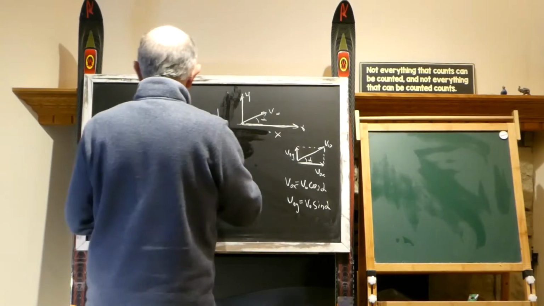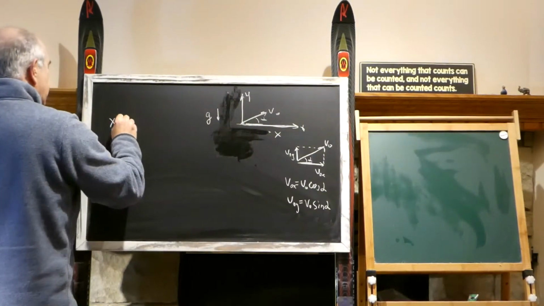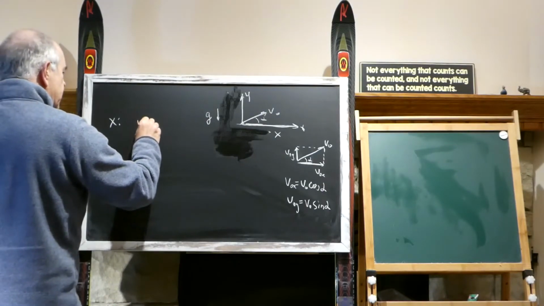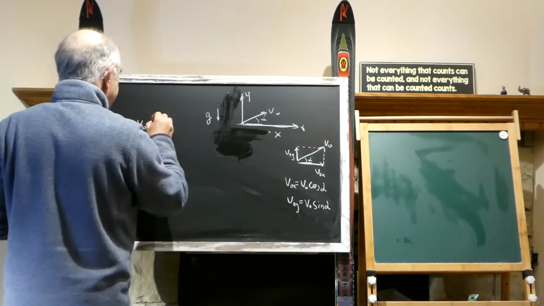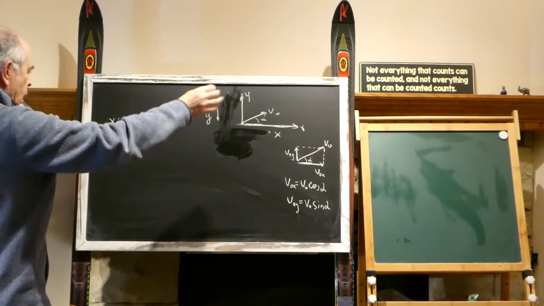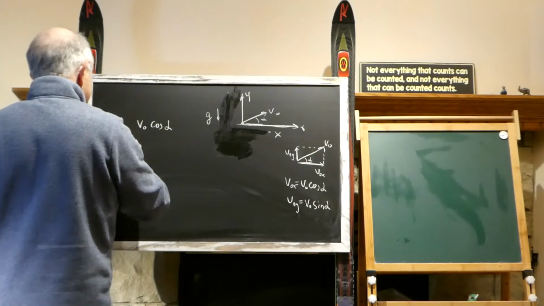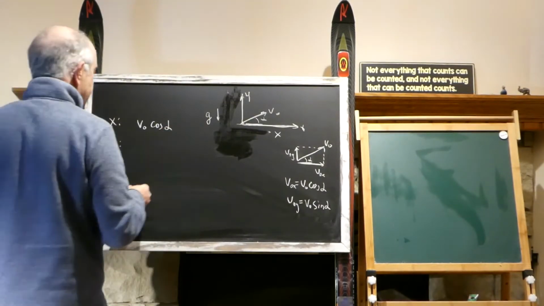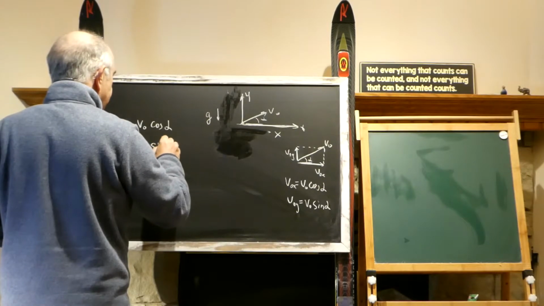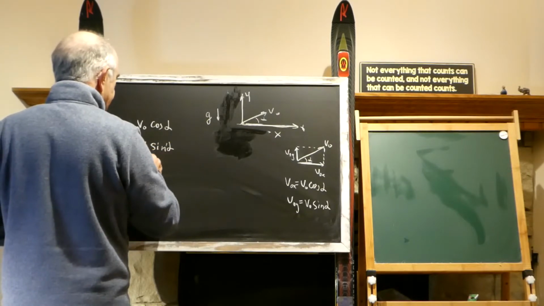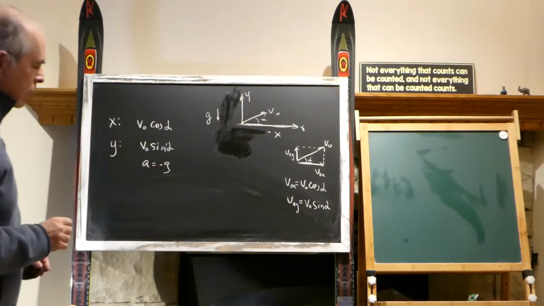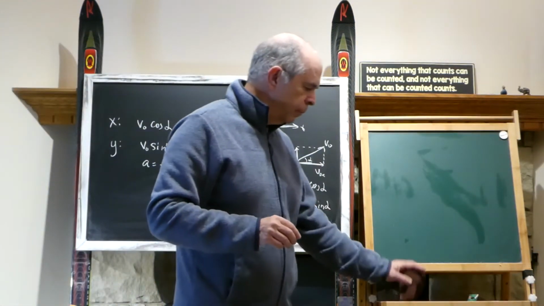Along x, this is movement with a constant speed, and this constant speed is v0 cosine alpha. And that's it. Along y, there is constant acceleration. Initial speed is v0 sine alpha, and acceleration is minus g. And that's all.